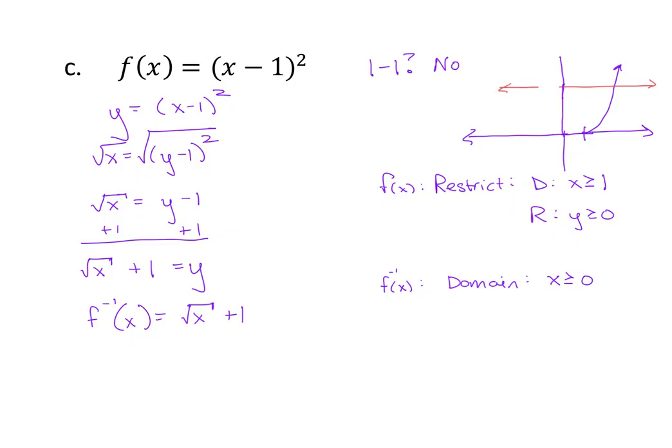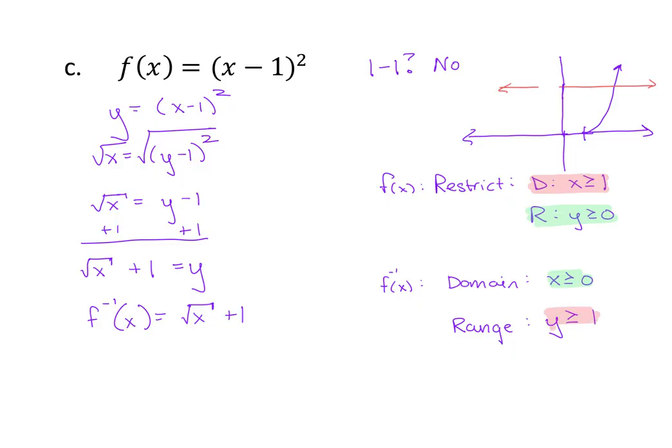And so notice here that the range of my original function corresponds to the domain of the inverse function. And we can do the same thing. The domain for the original function, we restricted to x is greater than or equal to 1. And so for my inverse function, my range is going to be y is greater than or equal to 1.